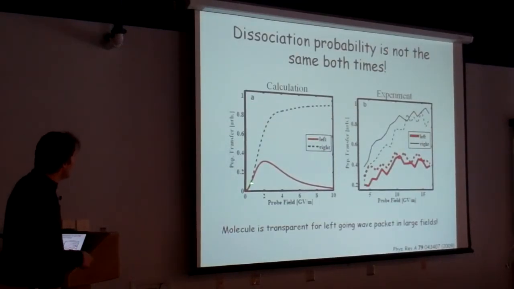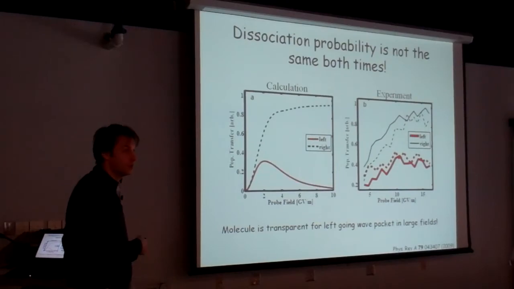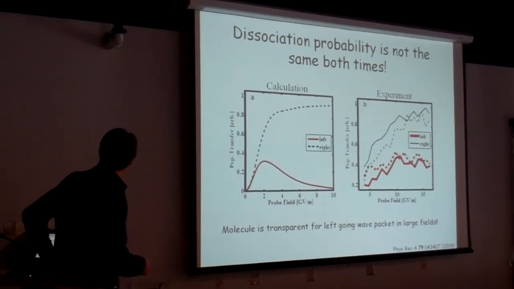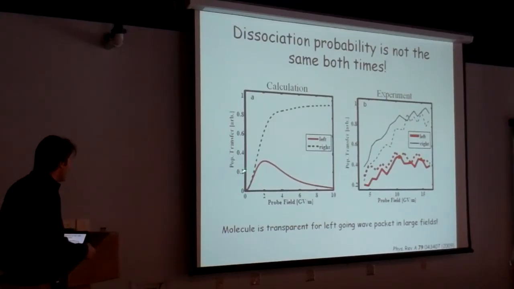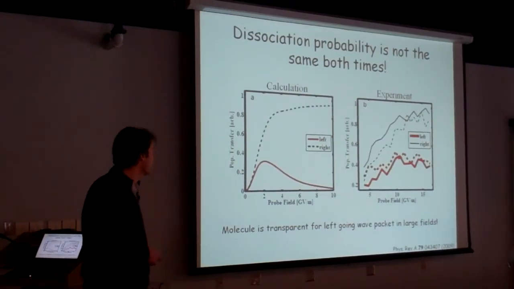And so, if you actually look, this is a calculation, and you say, let's do it for weak fields, so somewhere down here. The x-axis here is the field strength of our probe field, and the left axis here is the probability for the population transfer and dissociation. And if you look for a left-going and a right-going wave function, for weak probe fields, you can see it doesn't make a difference, as one would expect naively based on perturbation theory.